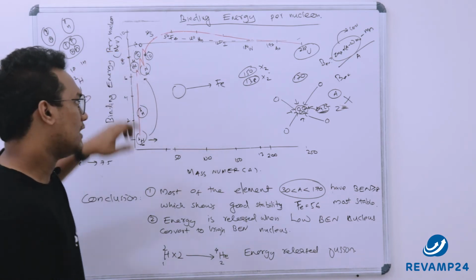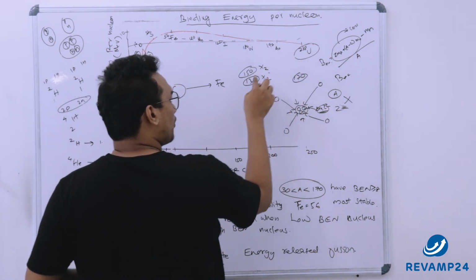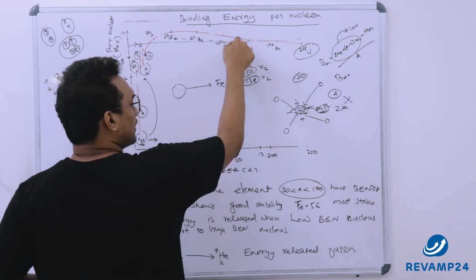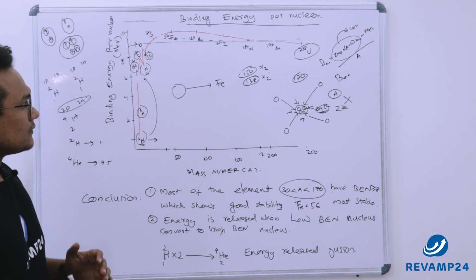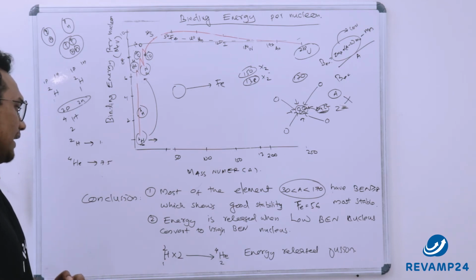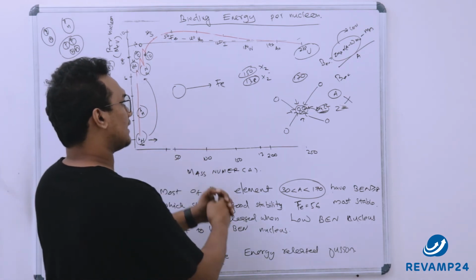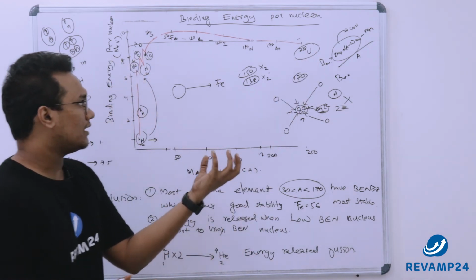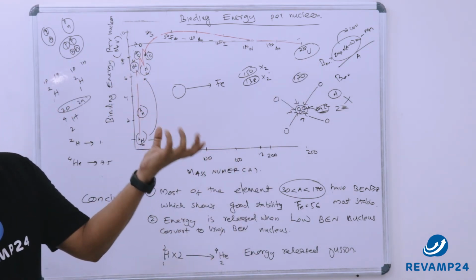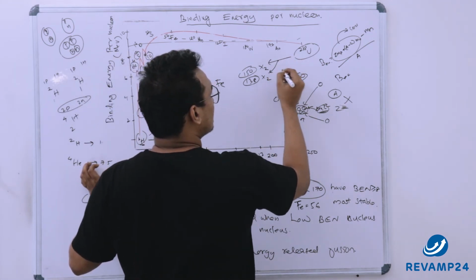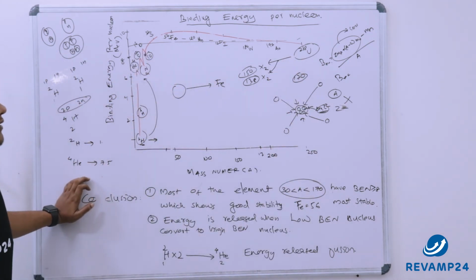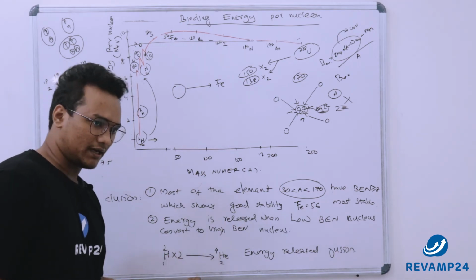Stable condition. So if this breaks into smaller nuclei, these two smaller nuclei will come here, and that has higher stability. Now I can say that energy is released when a bigger nucleus is split into smaller nuclei, and this process is called nuclear fission.